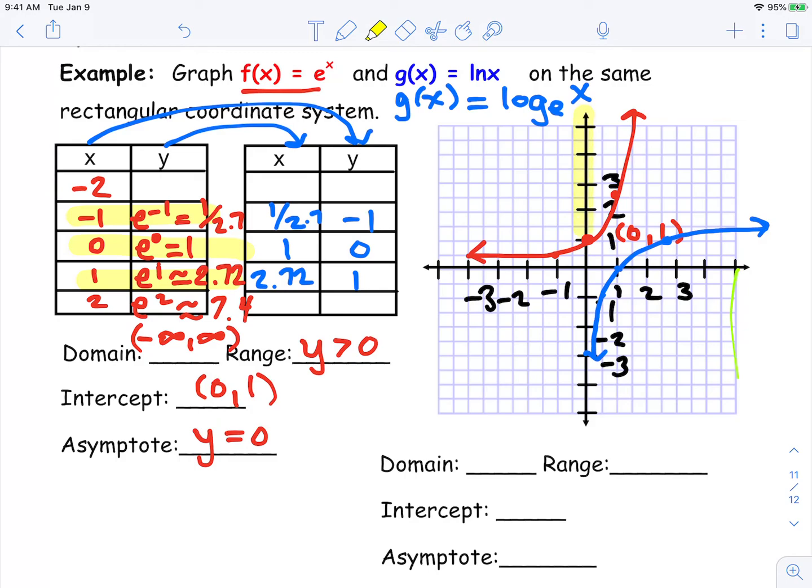It's going to have a vertical asymptote at x equals 0. That means our domain of values is everything to the right of that yellow line. Our range of values is all real numbers. And then we have an intercept at 1, 0.